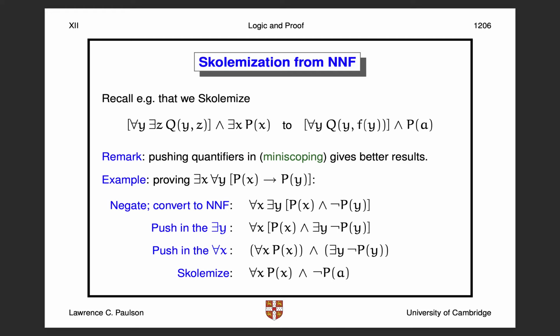But if we want, we can first say, well, this existential quantifier doesn't involve the first part of the conjunction, and maybe we should push this existential quantifier inside the conjunction. And then, having done that, we can pull it outside the scope of the universal quantifier. So we've pushed in, we've minimized the scopes of both quantifiers.